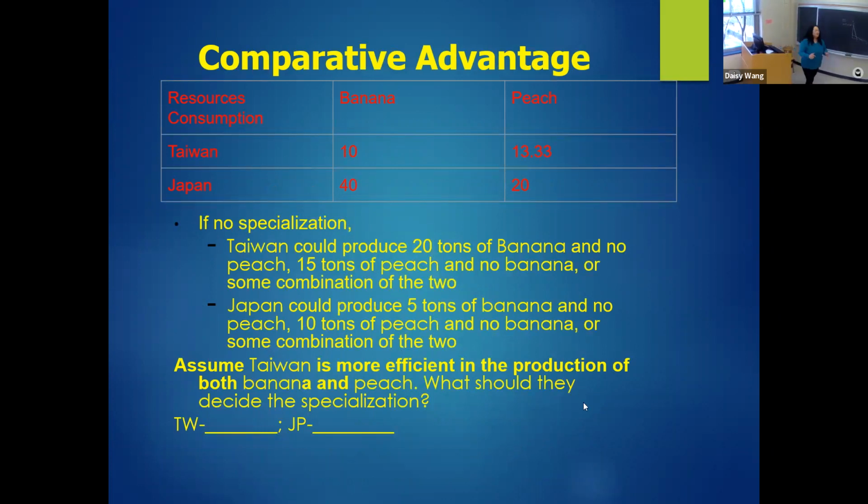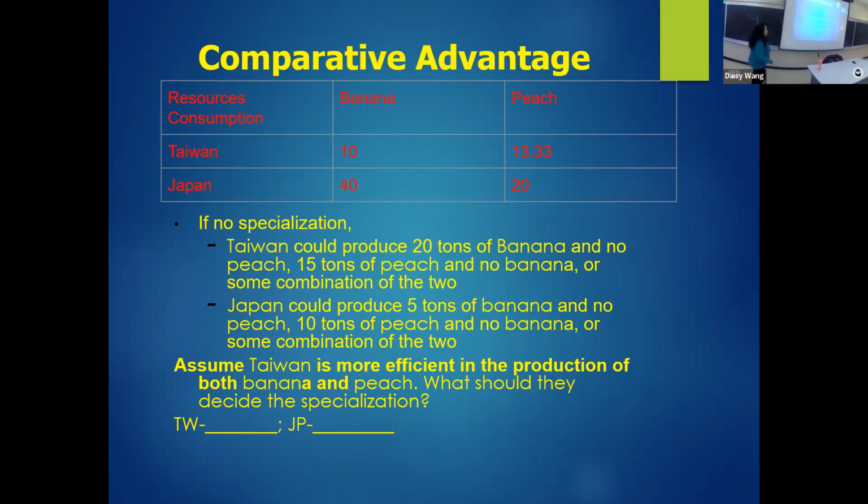So instead of comparing one country with another, we now just compare what we can do in our own country. Like Taiwan, we can do banana with 10 units of resources, peach 13. So we actually have an advantage in producing both banana and peach over Japan. You see that? It costs us fewer resources, right?